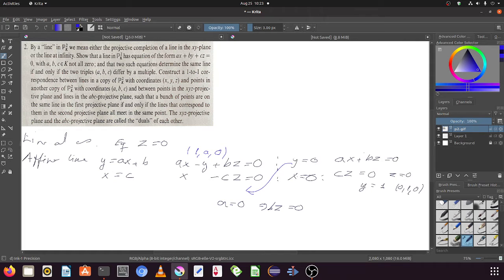Oh, so y equals 0 only works when a is naught. Hmm.